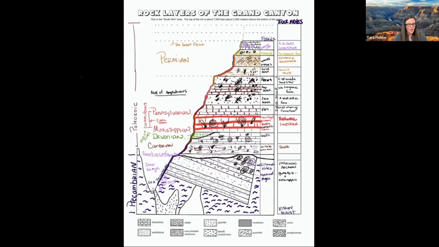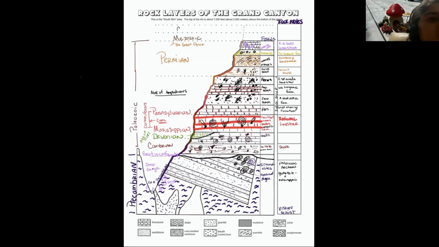All right. Now, our other two layers, let's see. After the Paleozoic, then we get into the Mesozoic and the Cenozoic.